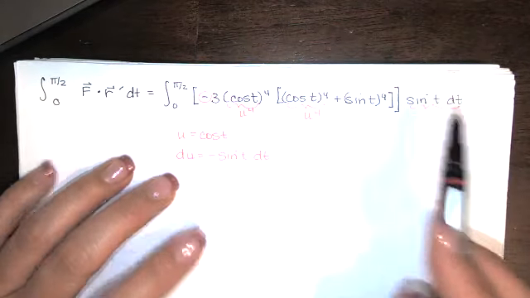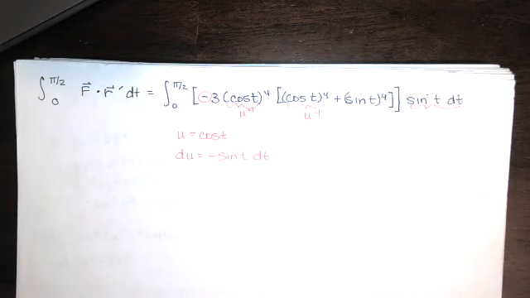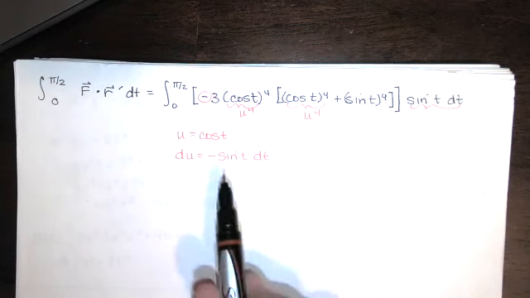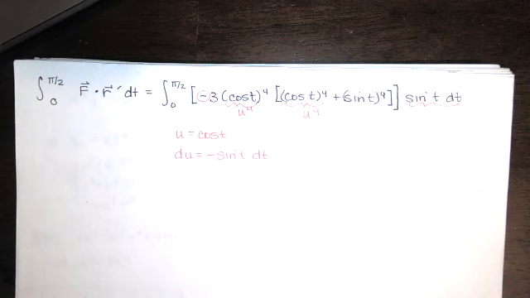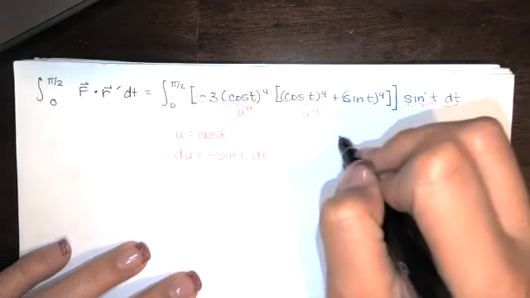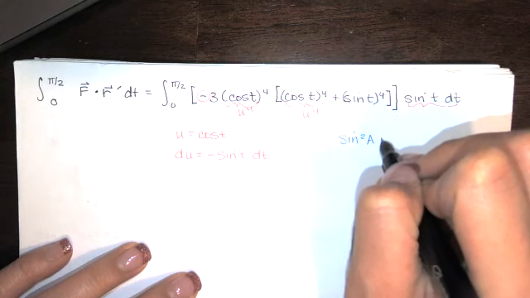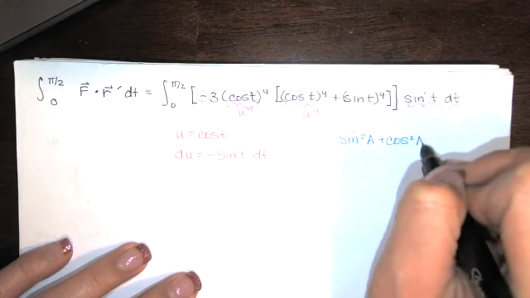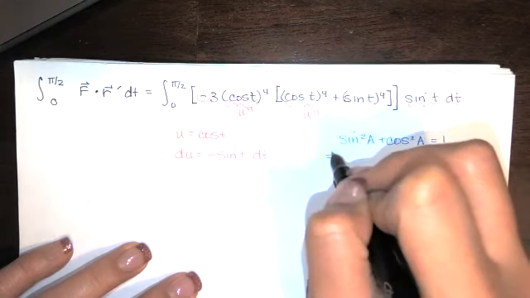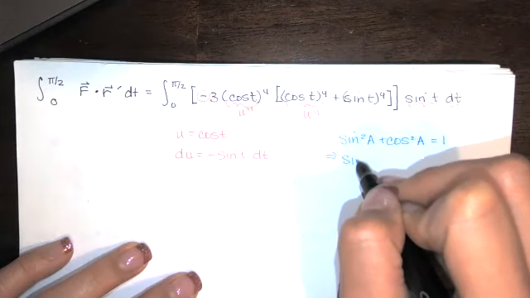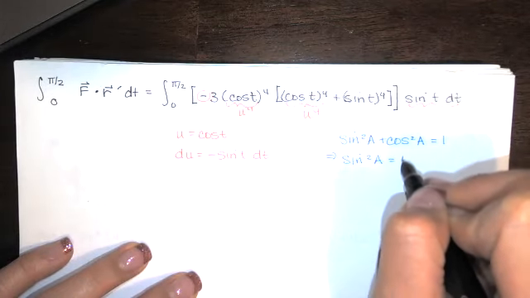And sine of t to the 4th needs to be rewritten in terms of my cosine of t. That can be done pretty easily just using one of our Pythagorean identities. We know that sine squared of an angle plus cosine squared of the same angle is 1. And with that in mind, I can solve for sine squared of that angle.